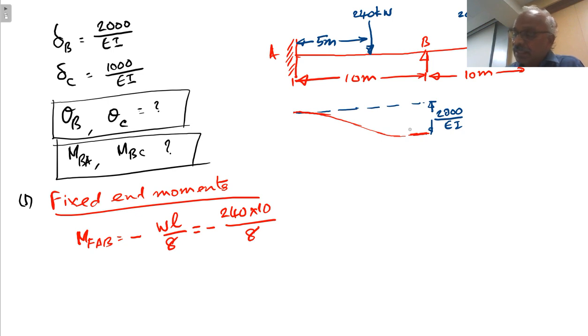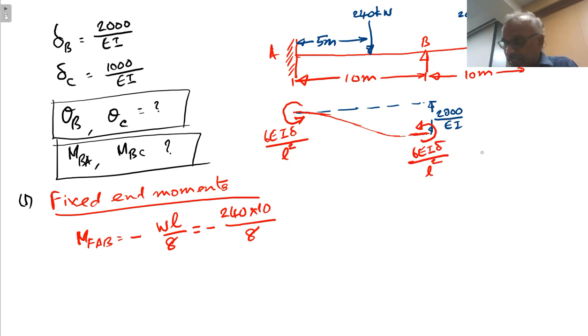This will create a moment of 6EI delta by L square, and why it is minus, you can refer to the derivation we discussed in lecture number 81. We need not repeat all these things. So here also it is minus 6EI delta by L square.